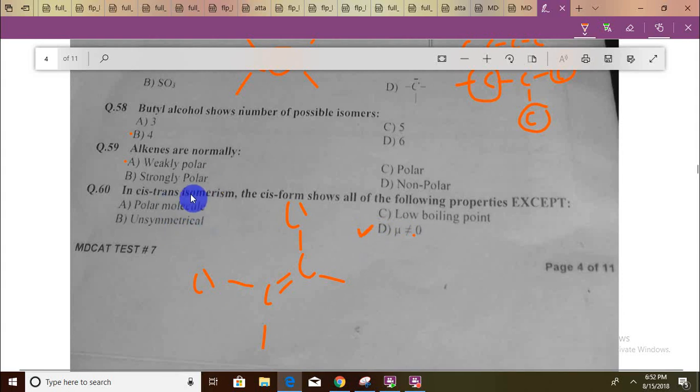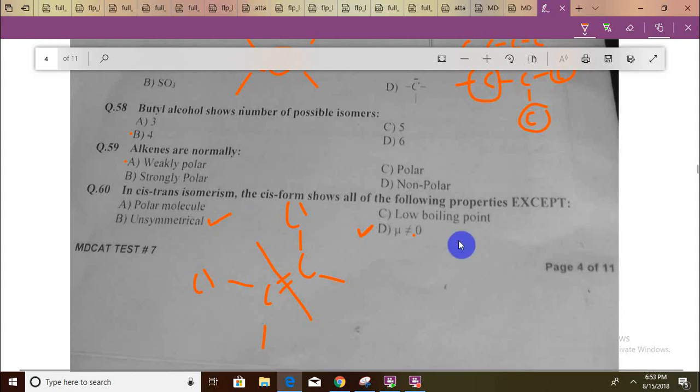Are they polar molecules? That is a good question, because it's really dependent on what's on what side. Are they unsymmetrical? Well, yes, they are indeed unsymmetrical. Do they have low boiling point? Well, that is not necessary.